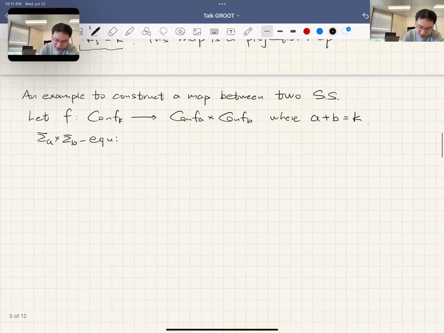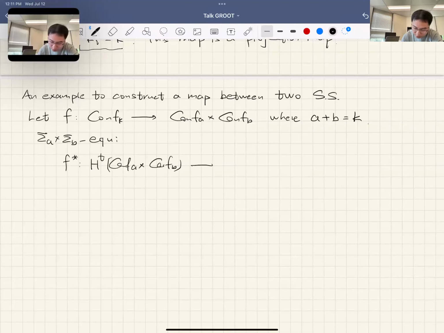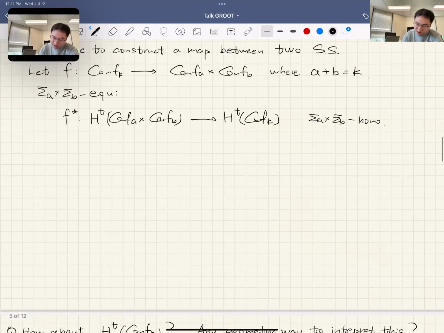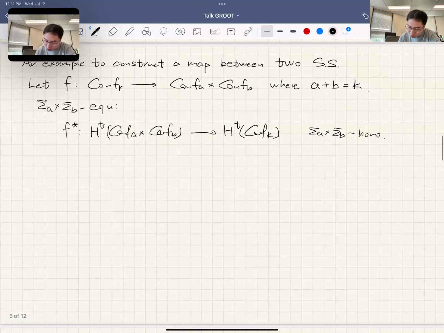Okay, then this induces a map at the level of cohomology, a map HT of comp A times comp B to HT of comp K, and this induced map is a sigma A times sigma B homomorphism. Okay, but in the end I want a sigma K homomorphism. How do I do that?